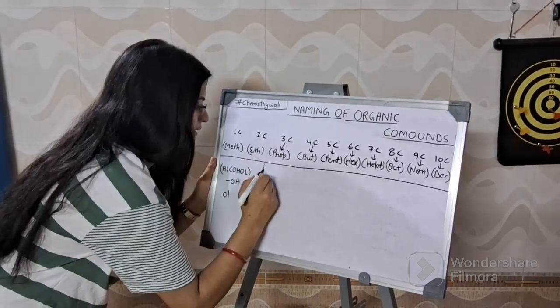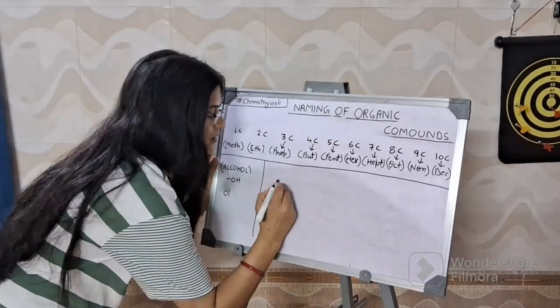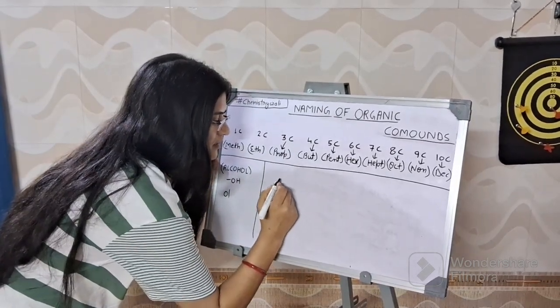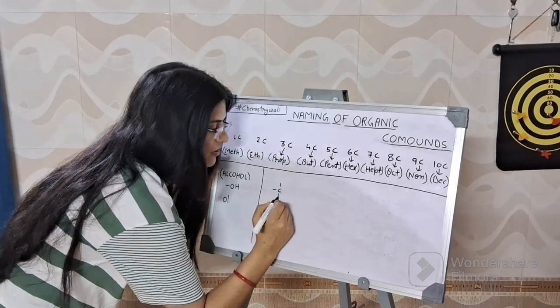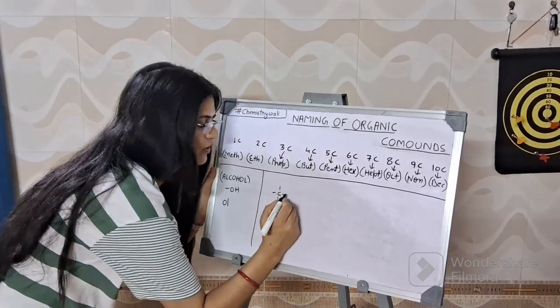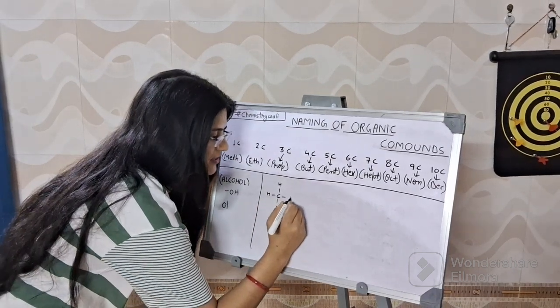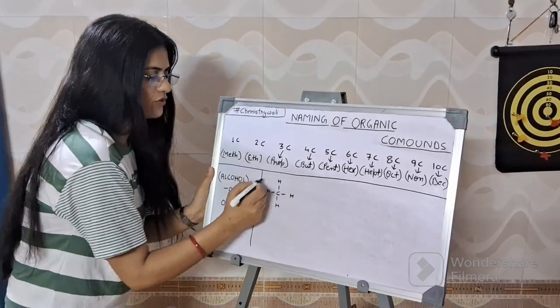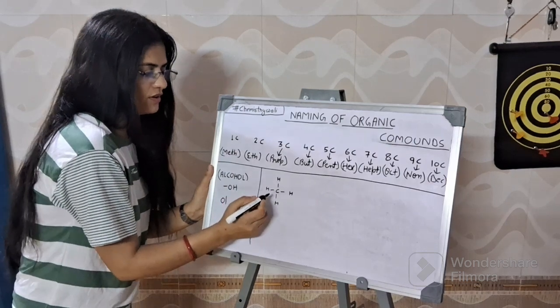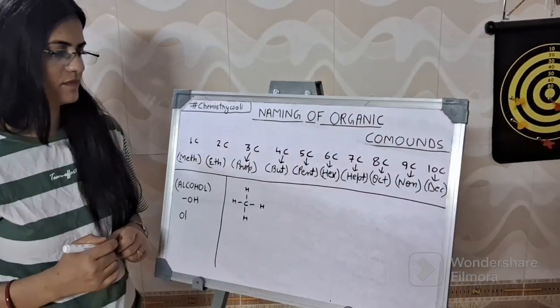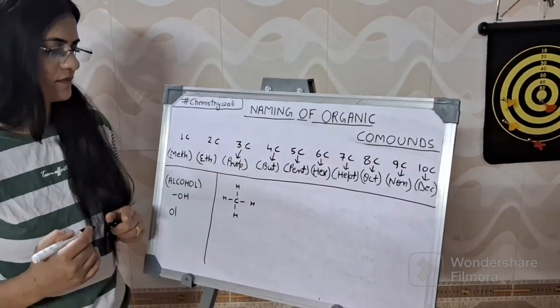Suppose we have a compound C. Now as we all know, carbon is having 4 bonds. H, H, H, H. How to name this compound now? 1, 2, 3.